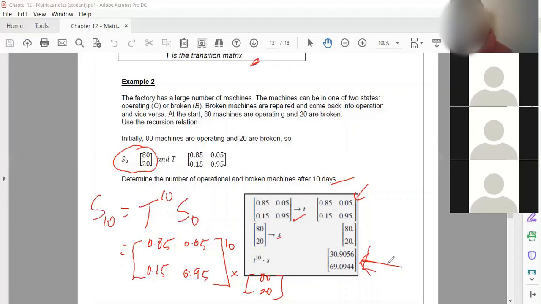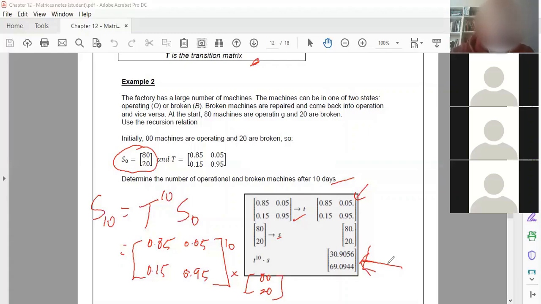By the time I finish it, you guys should have finished it already. Okay, and that's what we get.